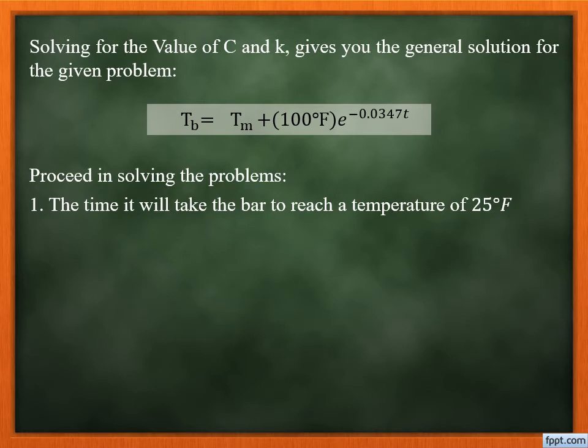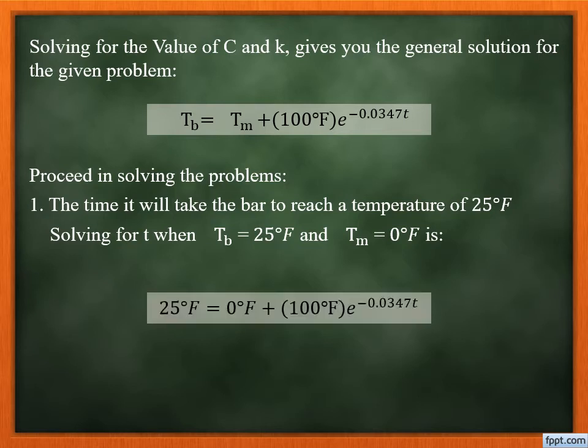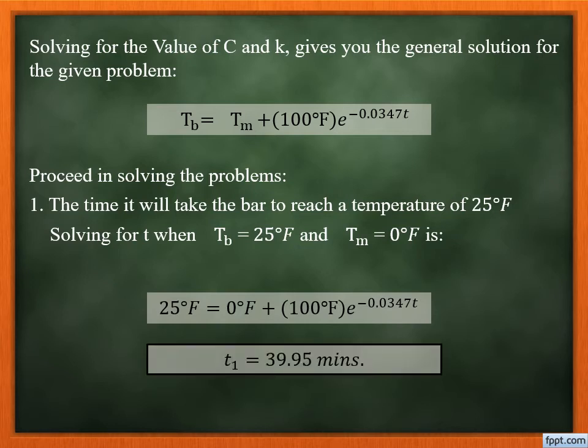For the time it will take the bar to reach a temperature of 25 degrees Fahrenheit, we have the given that T sub B is equal to 25 degrees Fahrenheit and the temperature of the medium is equal to 0 degrees Fahrenheit. That gives us this equation. Solving, we get that T sub 1 is equal to 39.95 minutes.